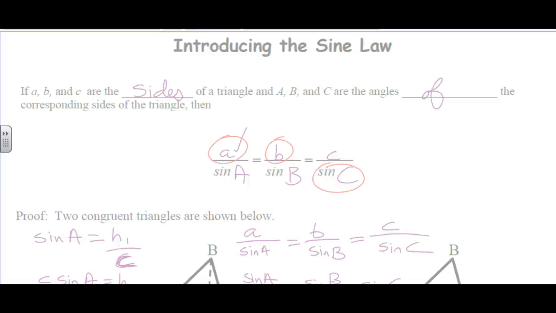If I want to find little a, I put it up top left. If I want to find angle A, I'm going to put it on the top left, right? It just makes it easier because when you do your rearrangements, you're always solving for something. You're always multiplying by something on the bottom and moving it up top instead of having to flip stuff around.